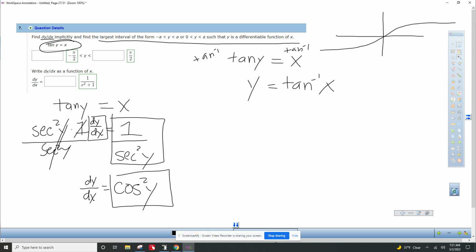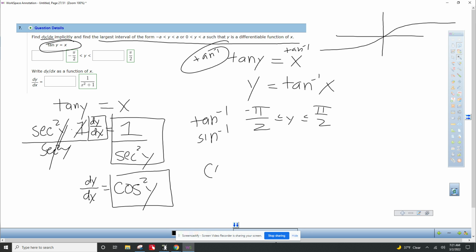It's only defined as a function from negative pi over 2 to pi over 2. And just so you know, that's the same for tangent inverse and sine inverse. The reason why is if it's not, it wouldn't be one-to-one, and that wouldn't make it a function.